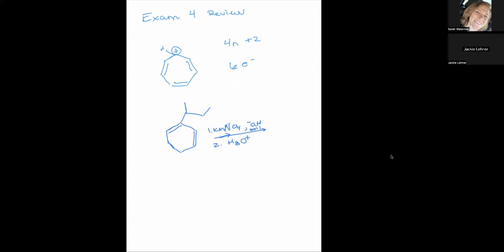Where is it? It's in the benzenes chapter. Oh, right here. So this has to do with your electron donating groups or withdrawing groups. With any alkyl group, a benzylic alkyl hydrogen is oxidized.